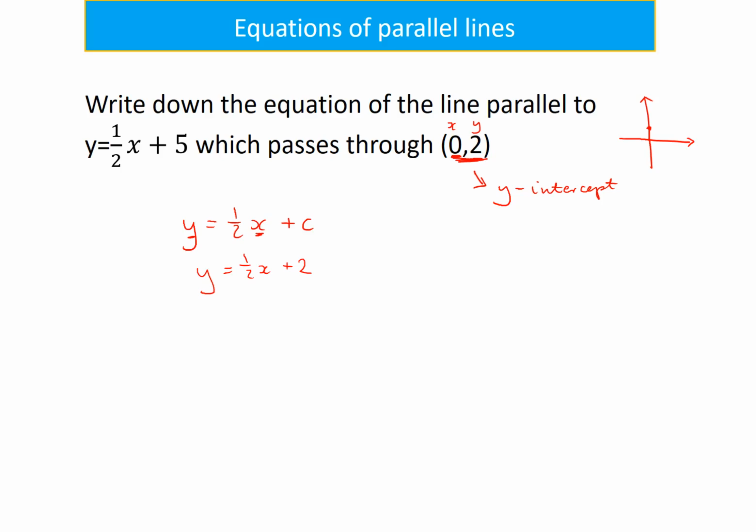So the value of y is 2, and then the value of x is 0. Now a half times 0 is 0, so that means the value of c is 2, which is something that we already know. I just wanted to show you that you can calculate it by substitution as well.